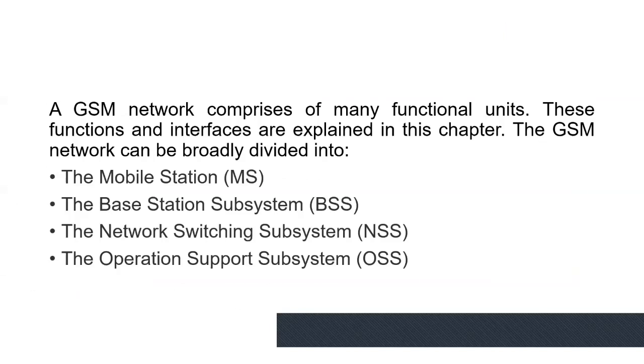A BTS is usually placed in the center of a cell. Its transmitting power defines the size of a cell. Each BTS has between 1 to 16 transceivers, depending on the density of users in the cell.